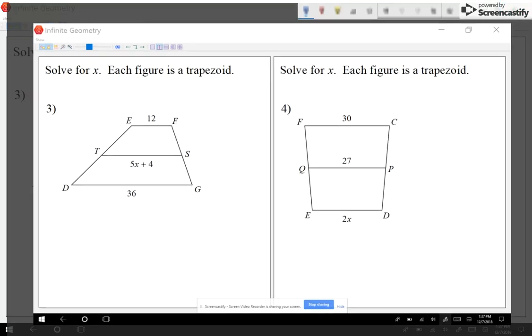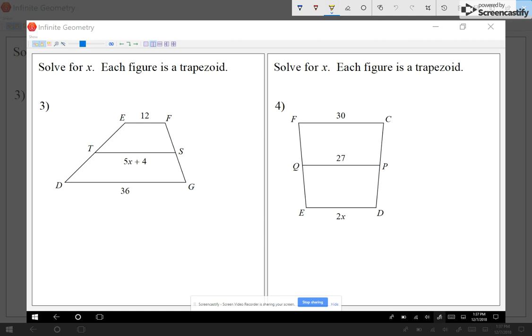So looking at examples 3 and 4, my mid segment is there, right? I'm going to do yellow. For the bases, I'm going to do green. So I'm going to go 5x plus 4, all of it times 2. Right? The mid segment times 2 equals 12 plus 36. I'm adding the bases.